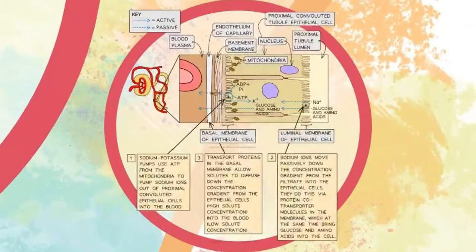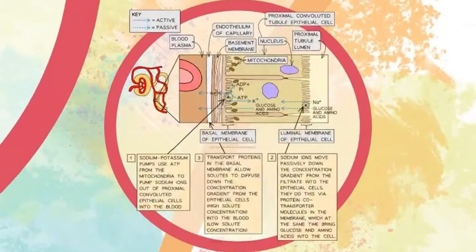You then see the basement membrane, which is essentially separating the blood of the capillary from the proximal tubule. Now within the proximal convoluted tubule epithelial cell, you can see the mitochondria, you can see the nuclei are labelled, and you can also see the movement of sodium and potassium as we've described.